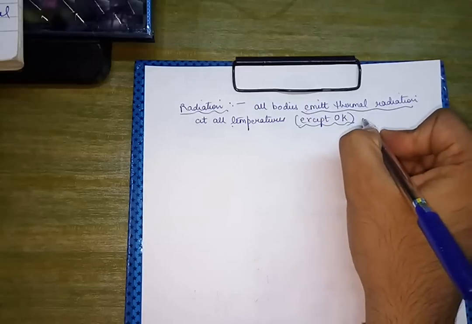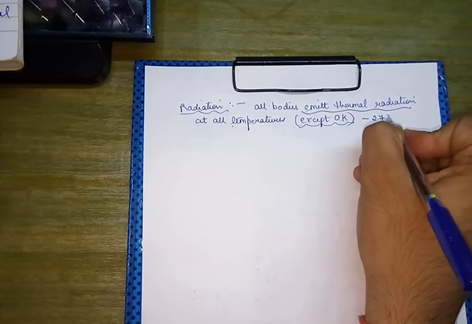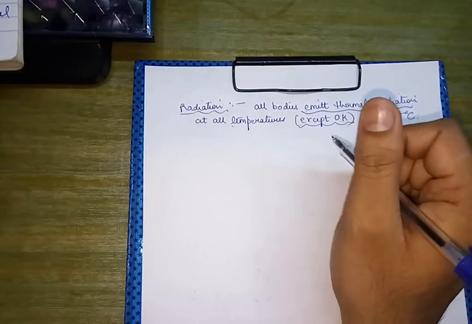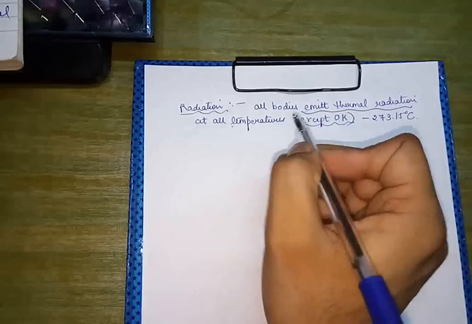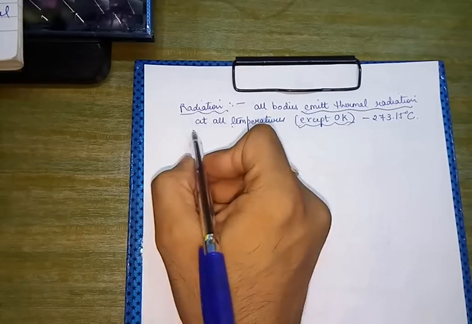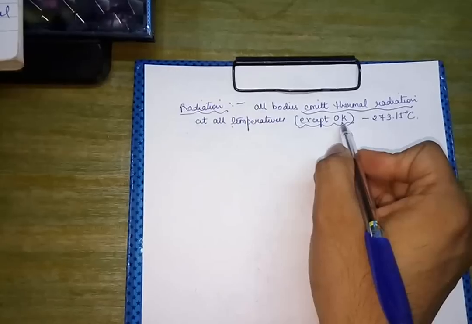Okay, and this 0 Kelvin is actually minus 273.15 degree centigrade. And there is one more important point to be noted, that the temperature of a body cannot be equal to 0 Kelvin.